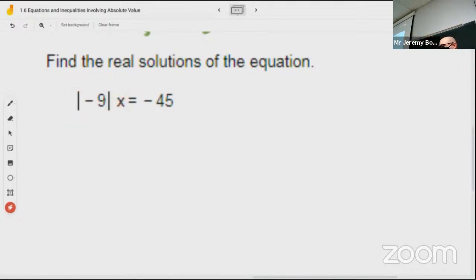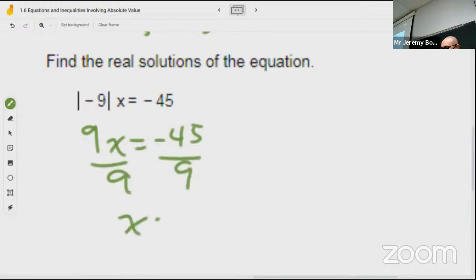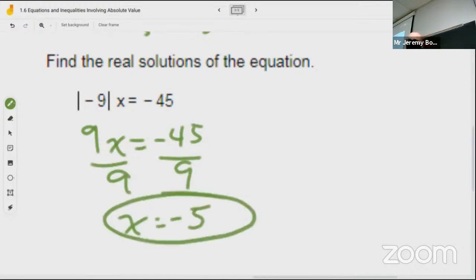And so that we can just evaluate. That's just going to be 9x is equal to negative 45. We can find a solution for that. We just divide by 9. And so it's just x is equal to negative 5. That's all there is to it. Okay. That one's kind of a trick one. Kind of trying to throw you off. Any questions on any of those?